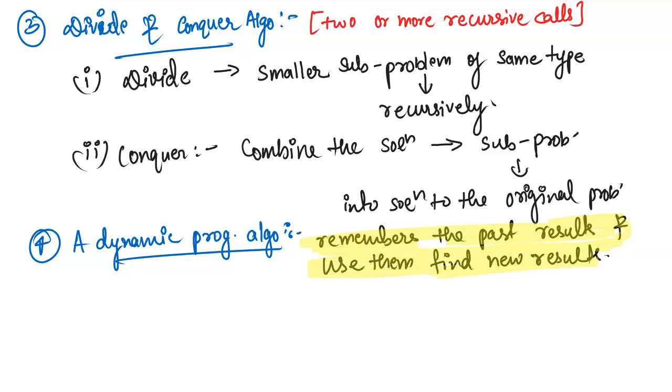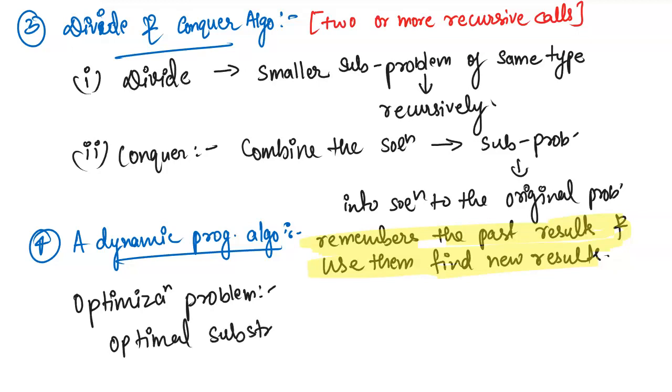Dynamic programming is generally used for optimization problems, where multiple solutions exist and we need to find the best one. So we require an optimal substructure or overlapping subproblems. Optimal substructure means that the optimal solution contains optimal solutions to subproblems.